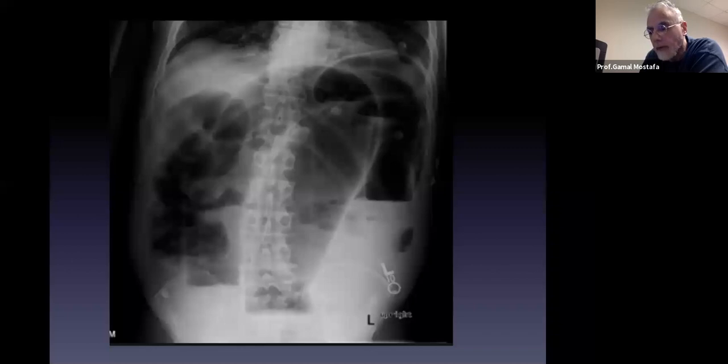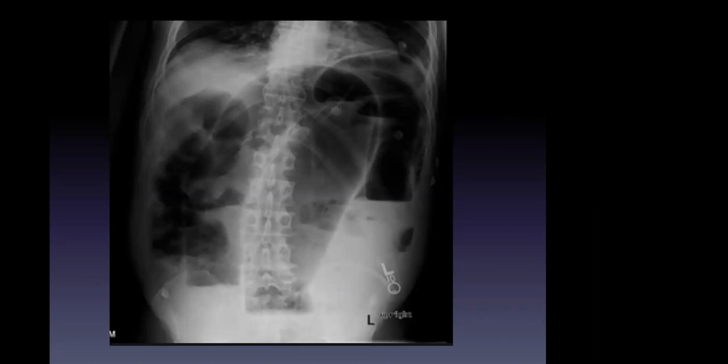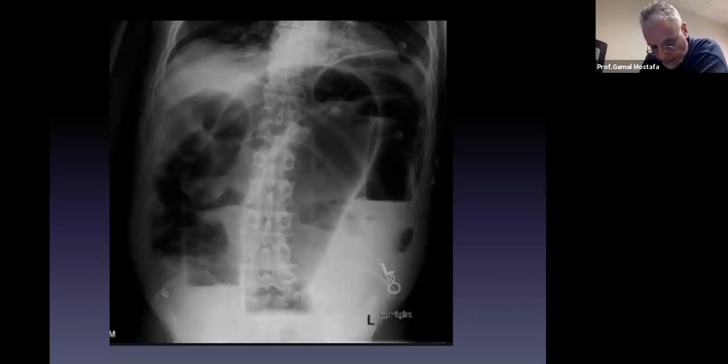Okay. If I was going to order one single test, that would be a CT with rectal contrast. What do you think, guys? Is that reasonable? Yeah. If I can give IV, I'll give IV and rectal.